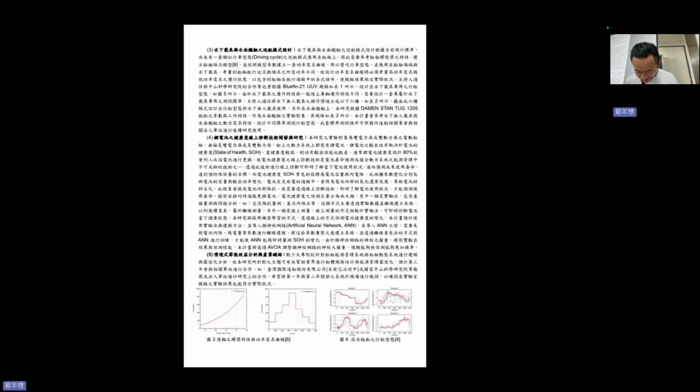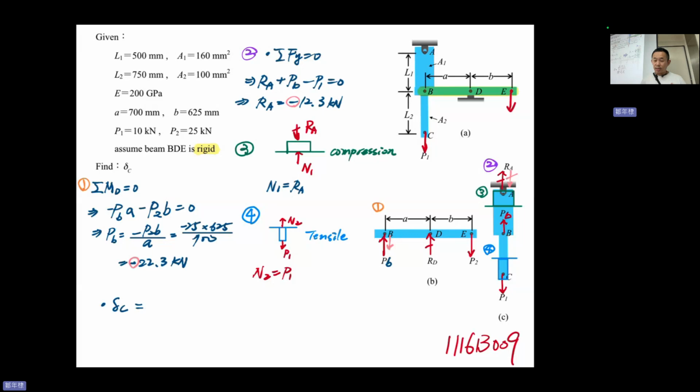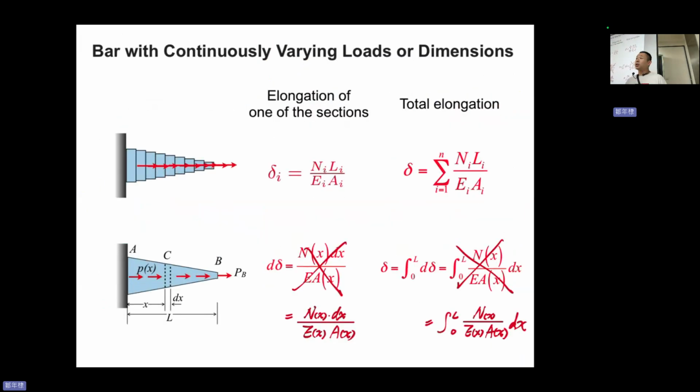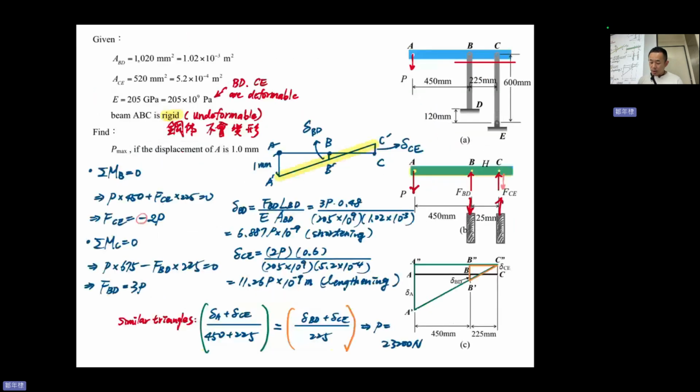Let's briefly review last week. This chapter talks about axial loaded members and the displacement and load relationship, which is delta equal to PL divided by EA.